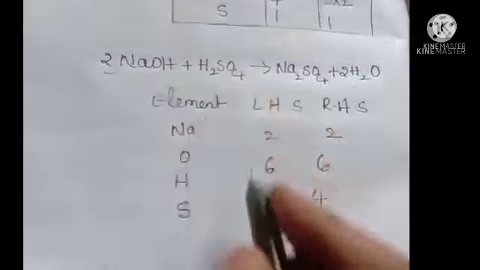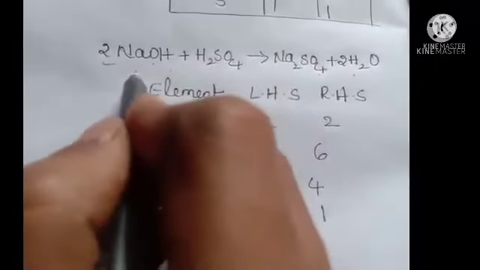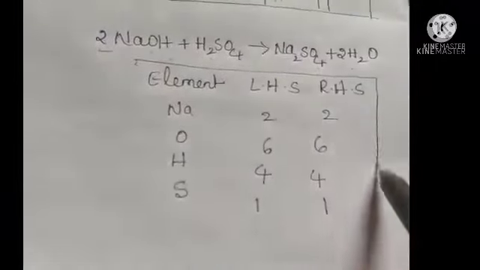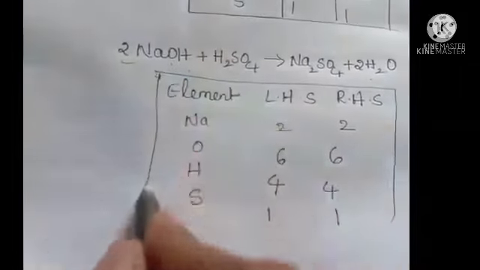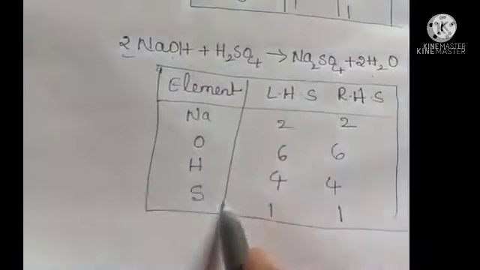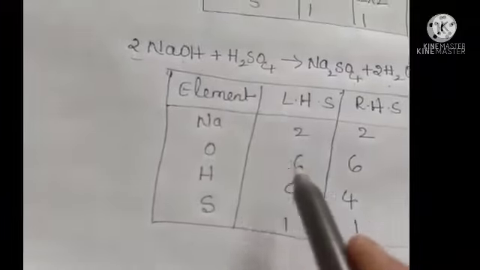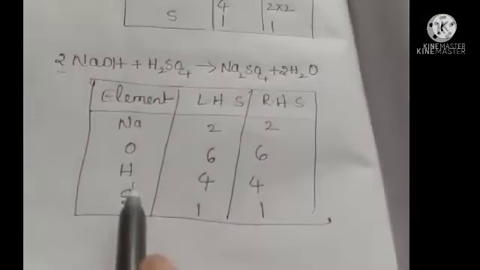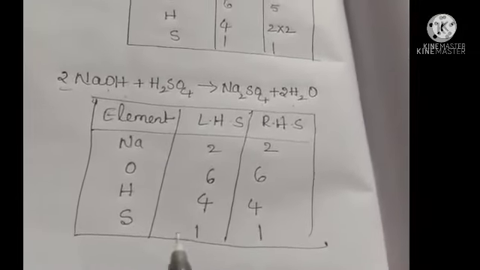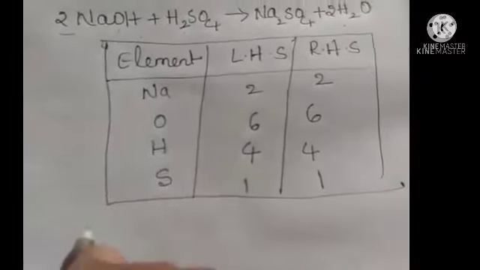Sulfur 1 and 1. This is the balanced equation table. Once again: sodium 2 and 2, oxygen 6 and 6, hydrogen 4 and 4, sulfur 1 and 1.